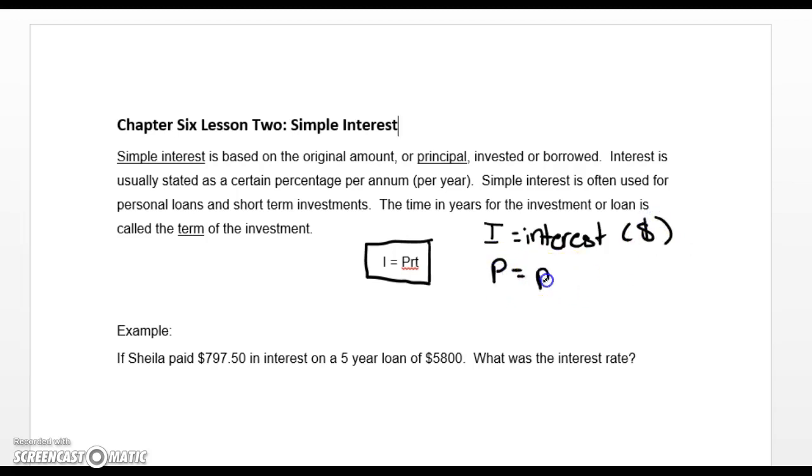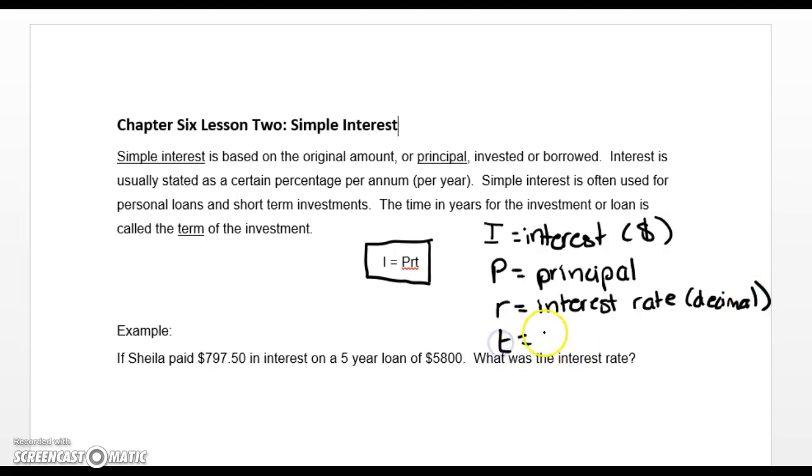Capital P is your principal, so that's how much you took out the loan for, or how much money you invested. R is your interest rate, and one thing that's really important is that your interest rate should be in decimal form. And T is your term, and that should be in years.